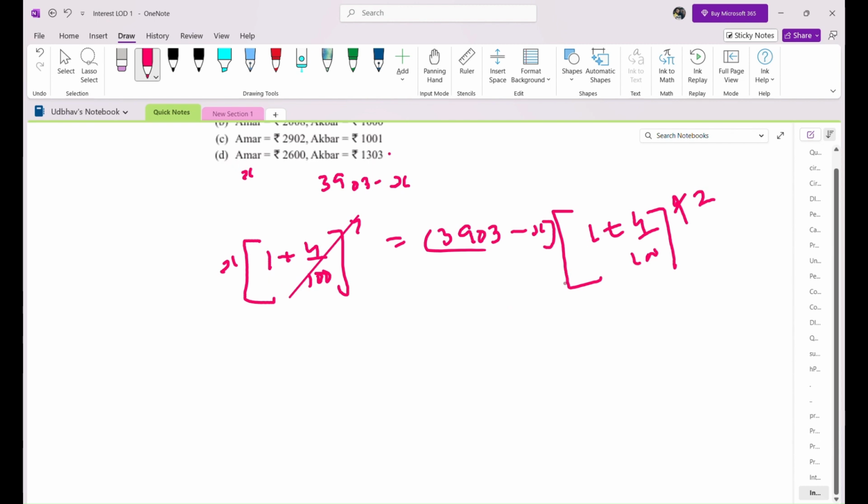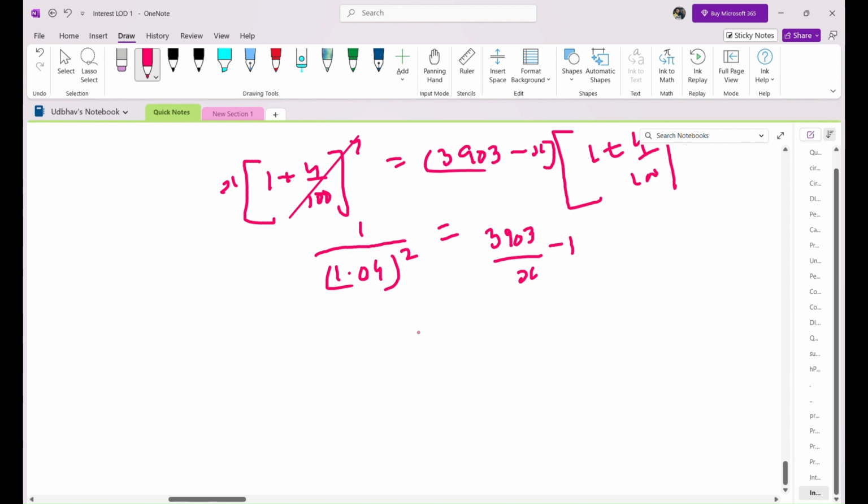This is 0.04, so 1.04 to the power square equals 3903 upon x minus 1.